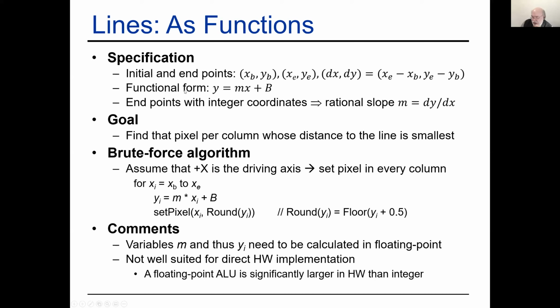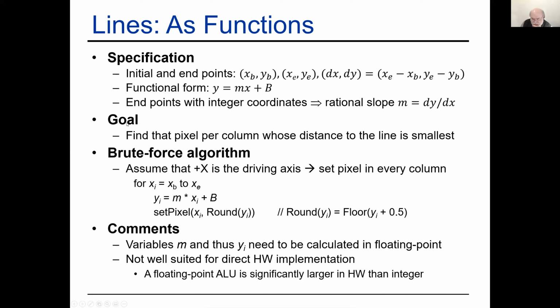And we will also look at the line in its functional form, y as a function, mx plus b, so it's a linear function. Again, these coordinates x and y are integer coordinates, which means that the slope m, dy divided by dx, is a rational number.